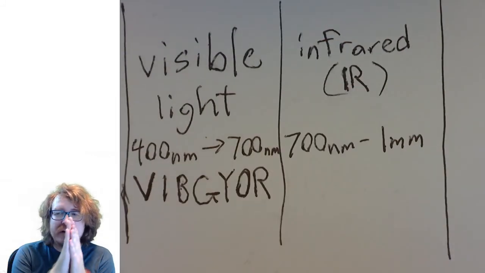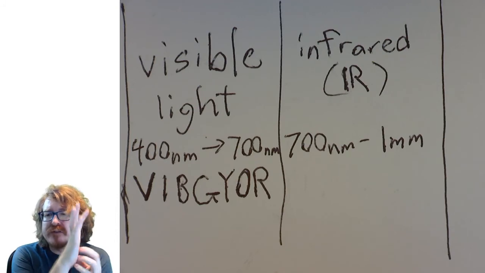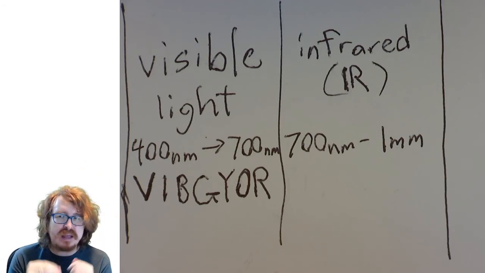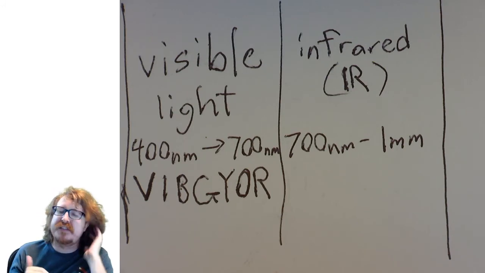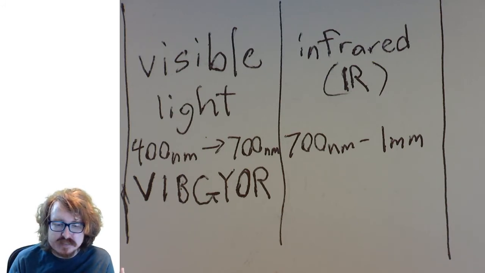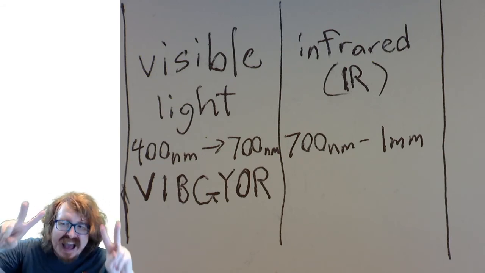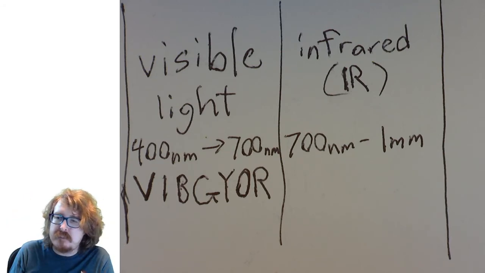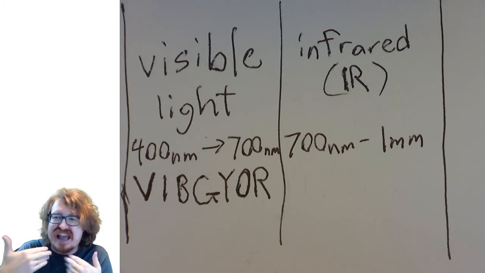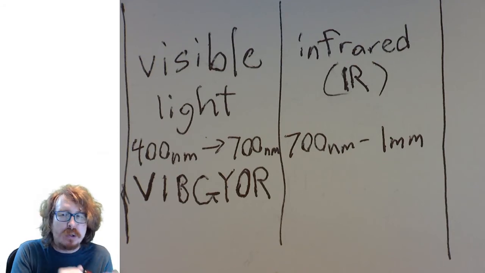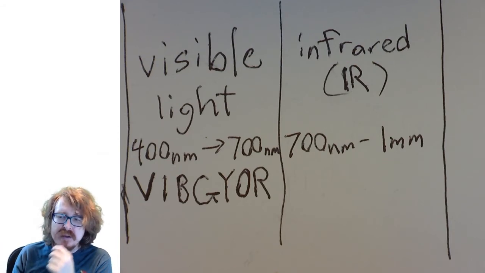Inside of our skin, we have little detectors built in everywhere that can pick up infrared light. So if something is hot, it's going to give off infrared light, and that's what you feel as heat. But it's not that the infrared is heat. It's what we feel as heat, okay?